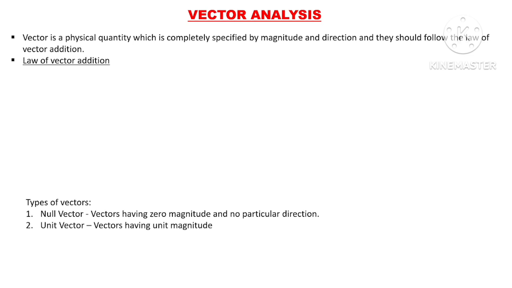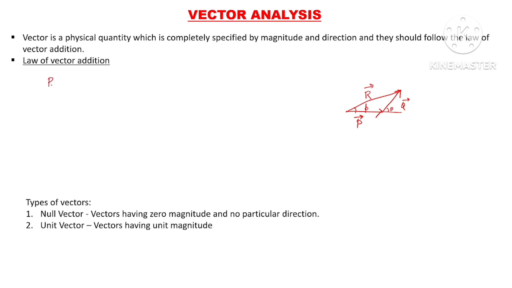Now the question is, what is the law of vector addition? If I have two vectors, one specified as P and another specified as Q, then the addition of these two can be the R vector. The angle between P and R is phi, but the angle between P and Q is theta, right?